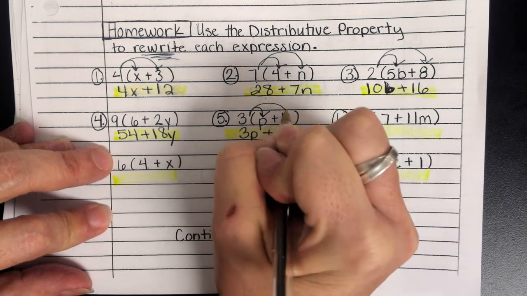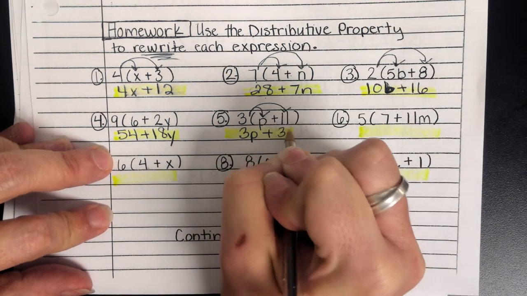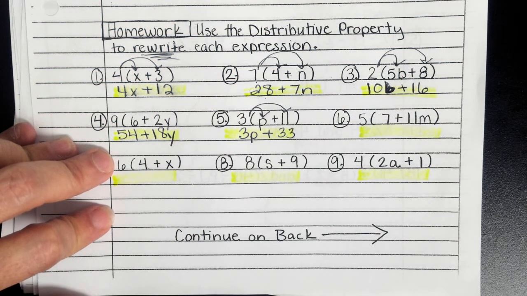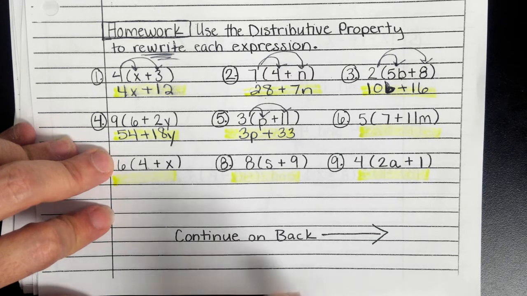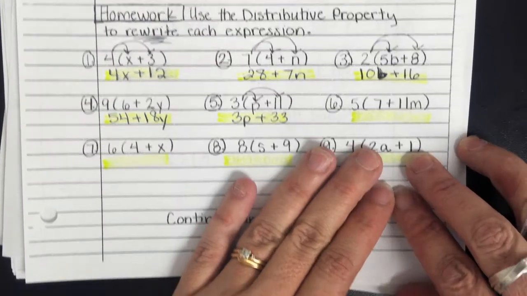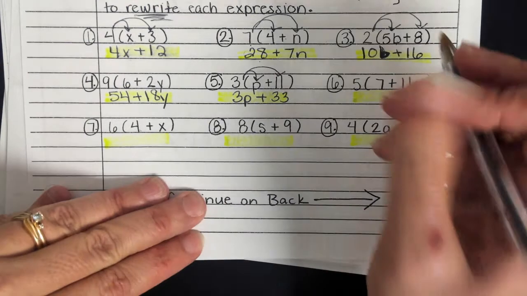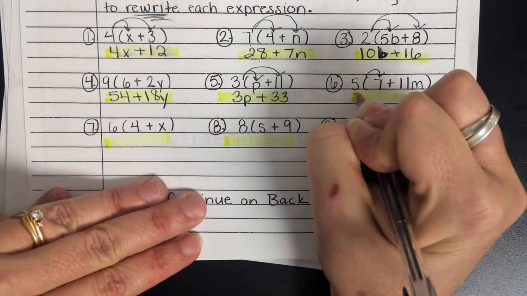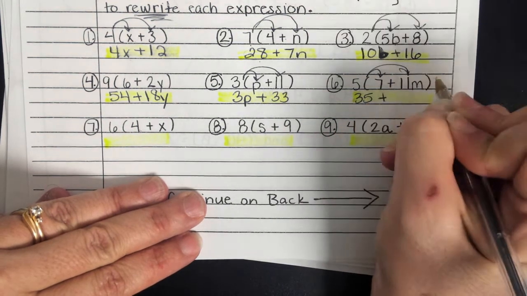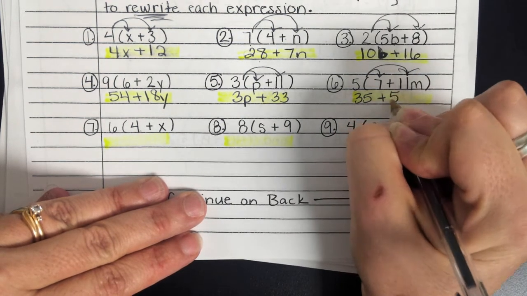Plus 3 times 11, 33. Okay. Number 6. 5 times 7, 35. Plus 5 times 11, m is 55m.